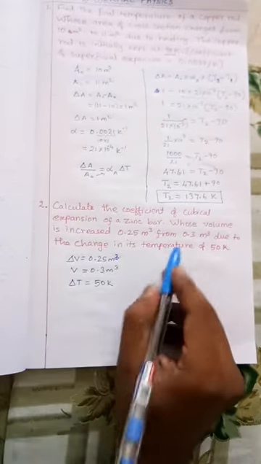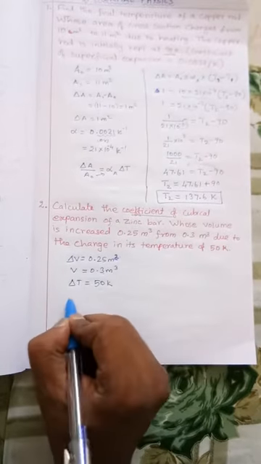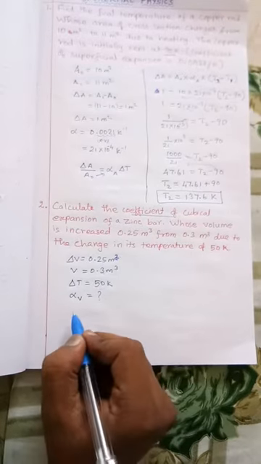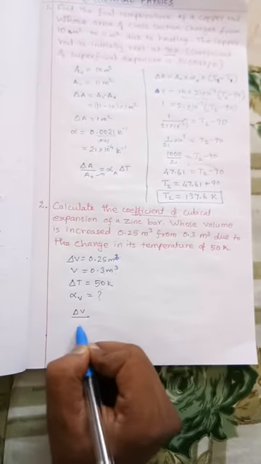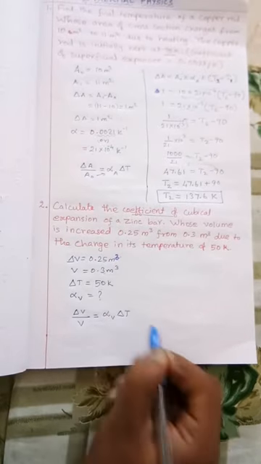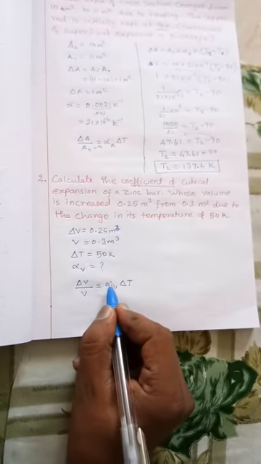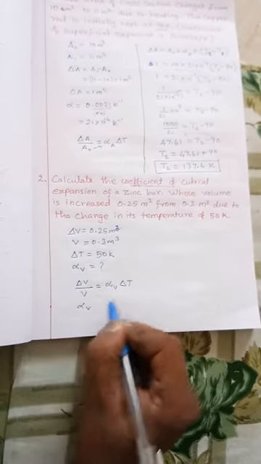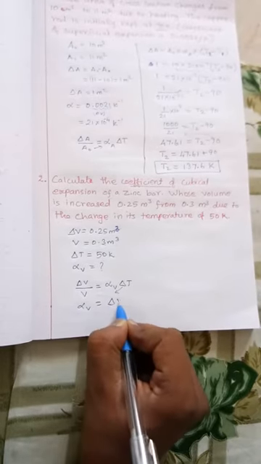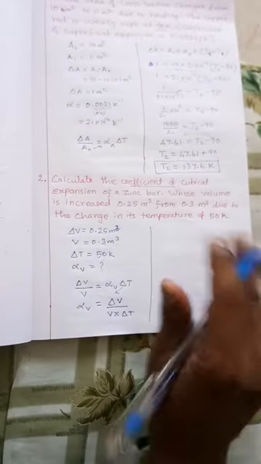We want to find the coefficient of cubical expansion, so the coefficient means alpha V. You know the formula: delta V by V is equal to alpha V into delta T. So we want to find alpha V. Cross multiplying delta T with V, it becomes delta V divided by V into delta T. Now substitute the values.